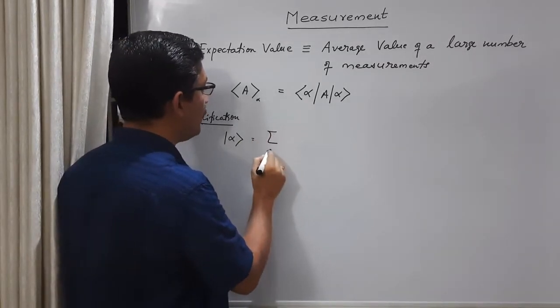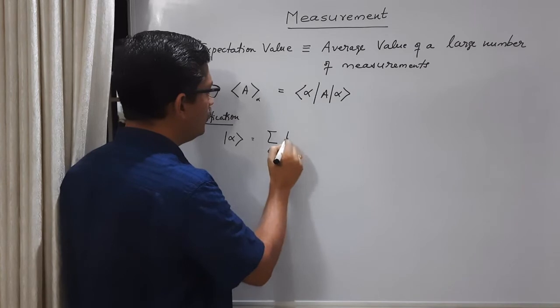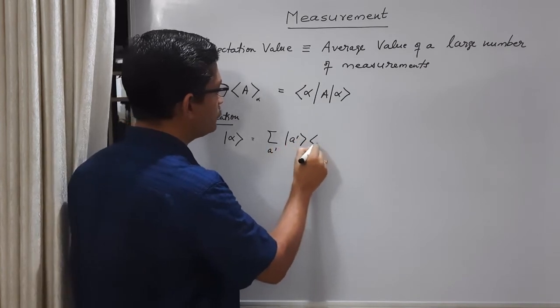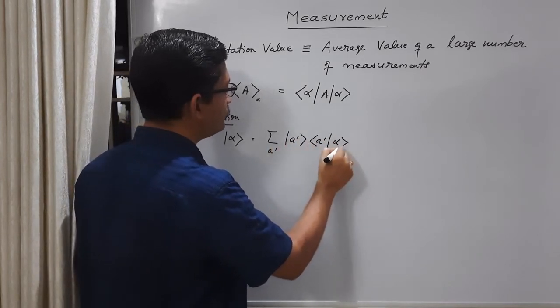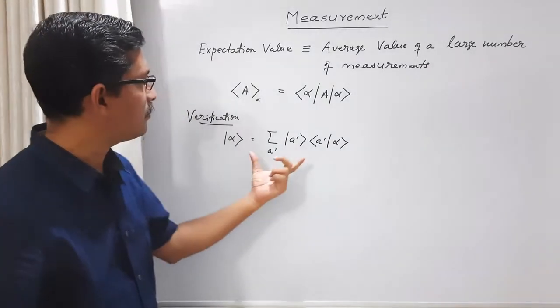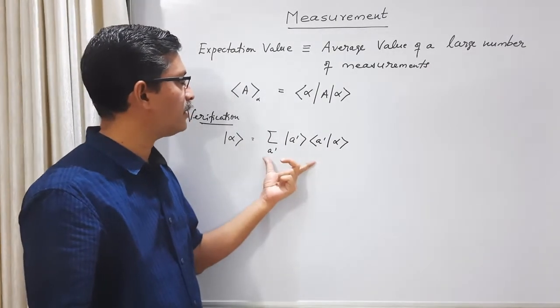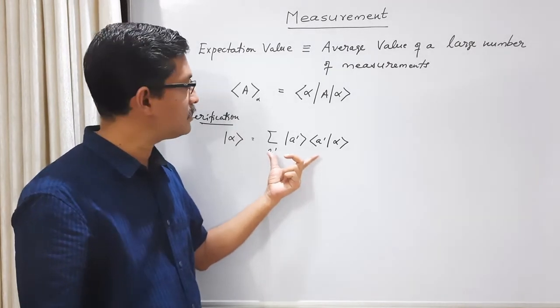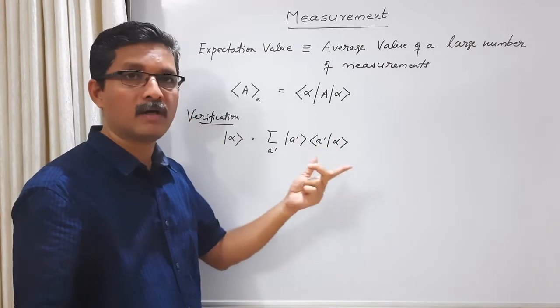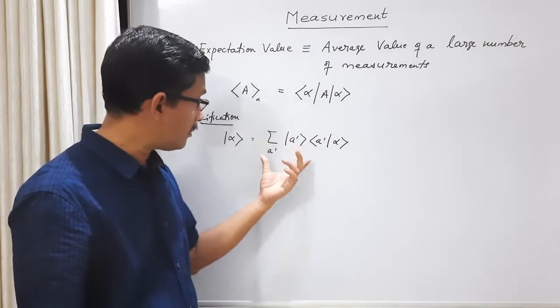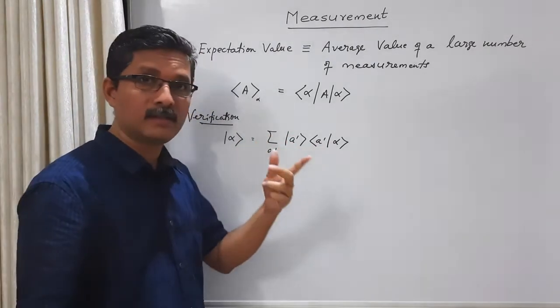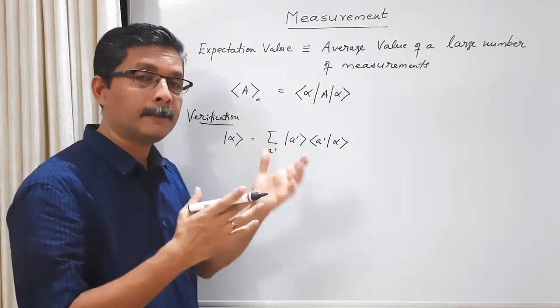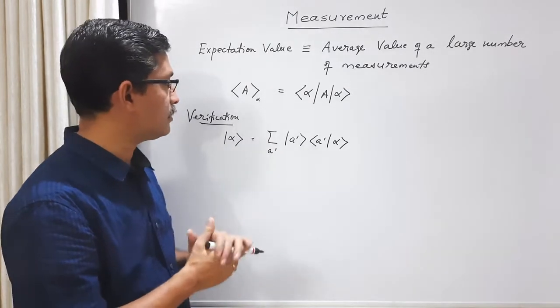Summation over A prime, ket A prime, bra A prime alpha, right? This summation over A prime, ket A prime, bra A prime is the identity. These eigenkets form a complete set, so this summation is equal to 1; identity is the completeness condition. Okay, we use that condition here.